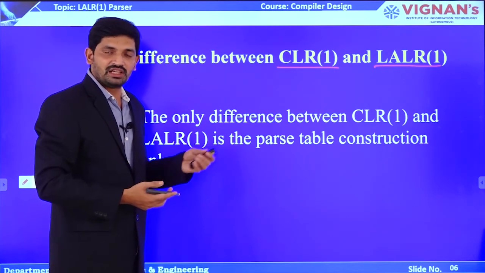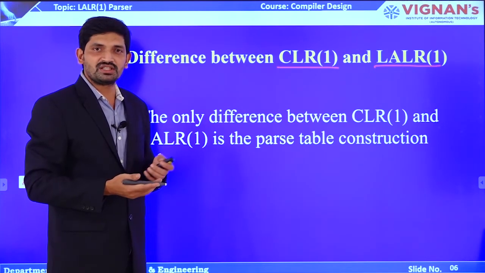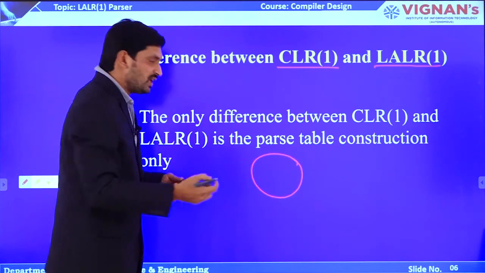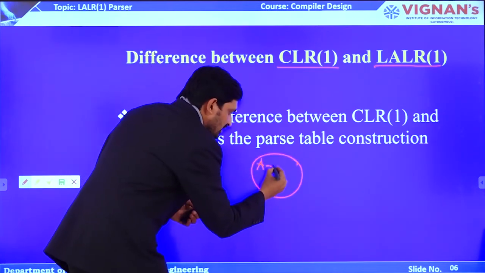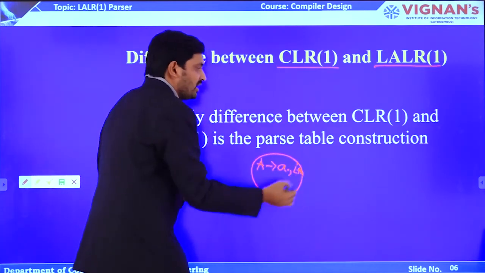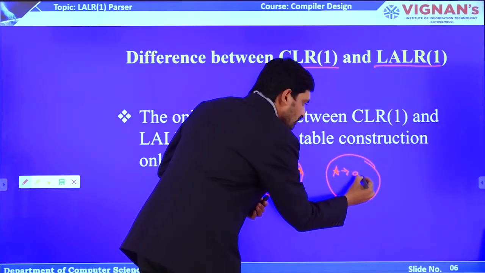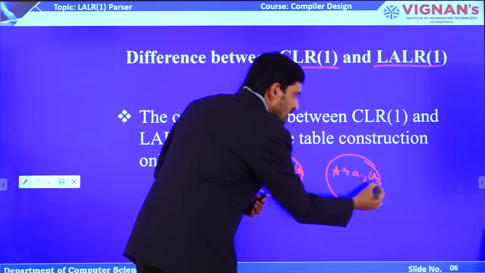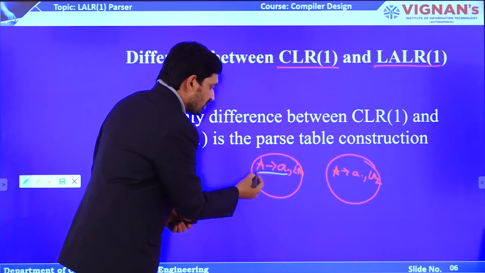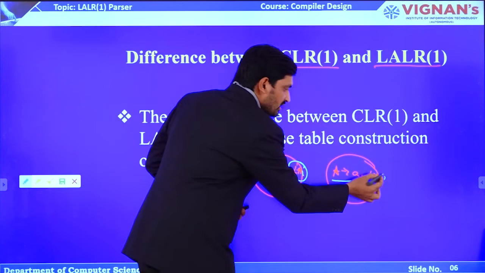But in the LALR parser, we are going to combine the two items which consist of the same productions but with different lookahead symbols. For example, if an item consists of a production like A → α·, comma some lookahead LA1, and another state is A → α· with some lookahead LA2, you can find there are two items or two states which consist of the same production A → α·, but here the lookahead is different.